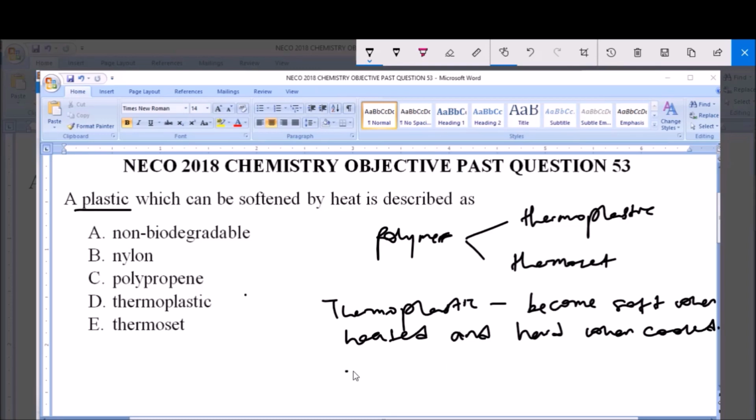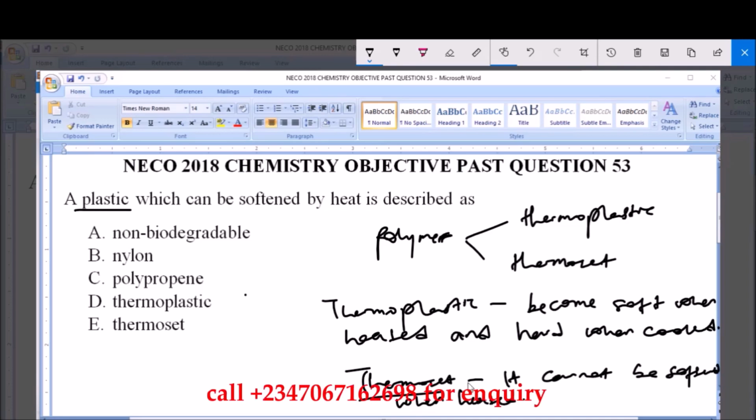But a thermoset plastic cannot be softened again when heat is applied. This is because during its formation, it is irreversibly hardened.